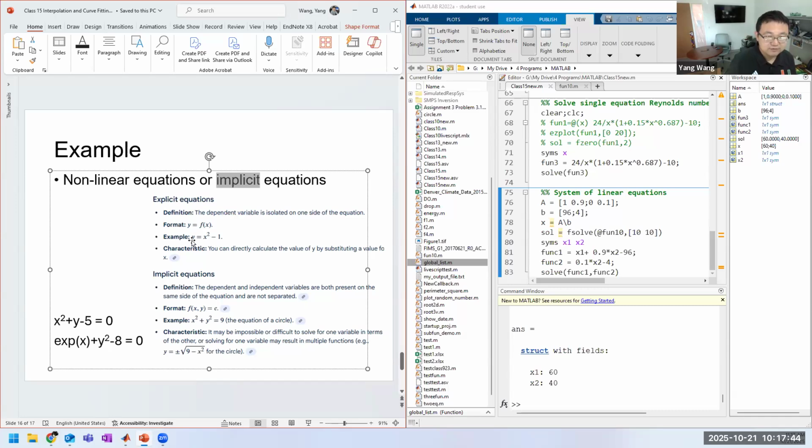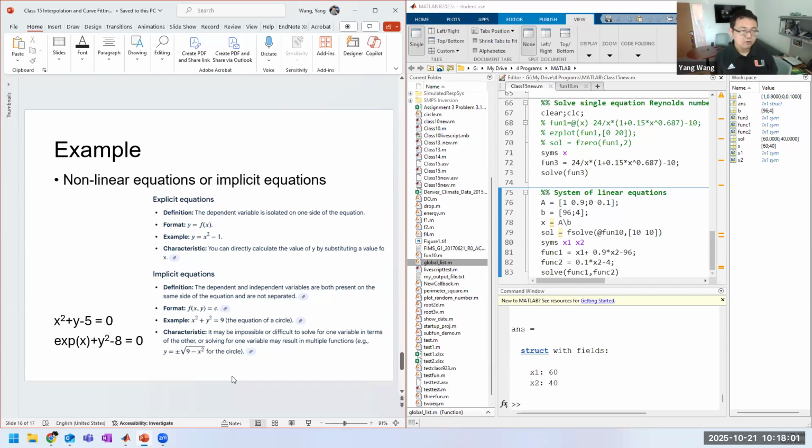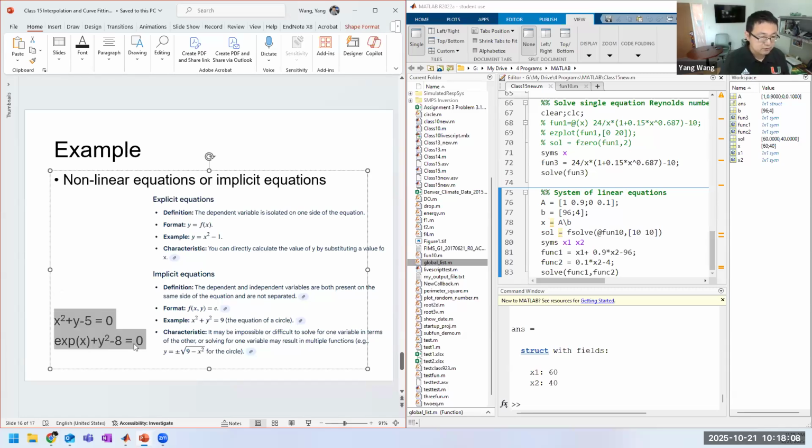So if you have any x value, you can find out what the y value is. That's explicit. An implicit equation can only be written in this way, f(x,y) equals c. So basically, you cannot isolate one parameter from the other, right? So then this is going to give you some trouble when you're trying to find the solution. So for example, this is a set of implicit equations, right?